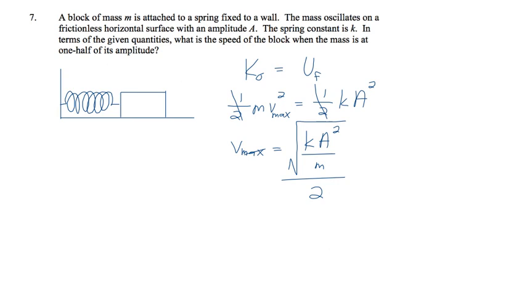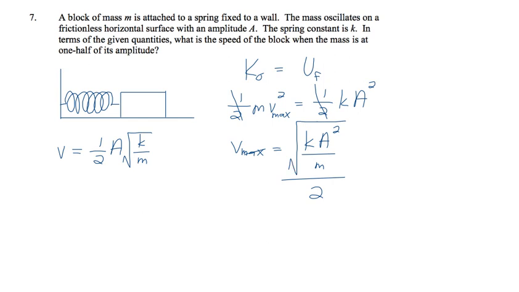Another way of doing it is I could put it inside the square root or put it up here as 1/2. So I could write the answer as V equals 1/2, and I could take out the A if I want, because the A is a perfect square. And I could write that as the square root of K over M. So that's one way of writing it, which would equal what I have on the board over here.